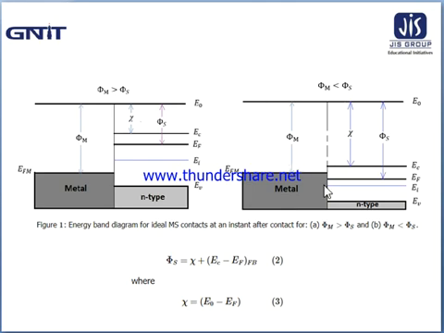In this figure you can see the Fermi energy of the metal, and here also there is a difference between the Fermi energy of the metal and the Fermi energy of the n-type semiconductor.